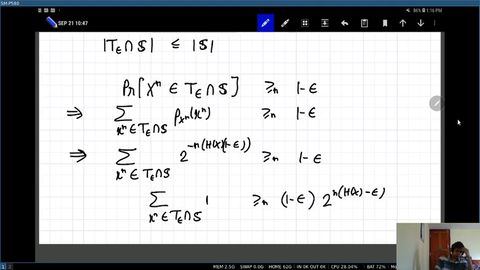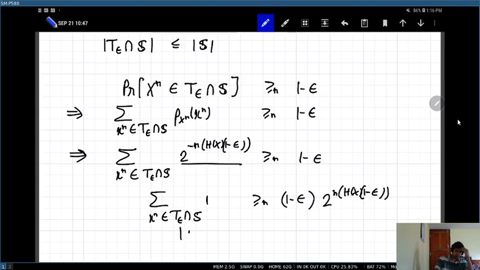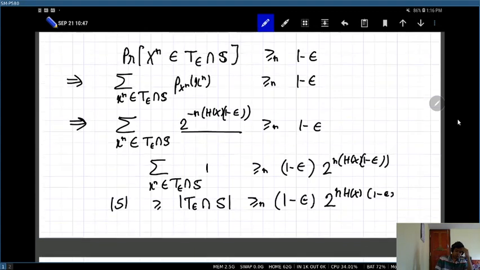And once again, taking this quantity outside the summation and taking it to the right, we get that the size of T epsilon intersection S is greater than or equal to, for all sufficiently large n, (1 minus epsilon) times 2 to the n H(X) times (1 minus epsilon), but this is less than or equal to the size of S, right?